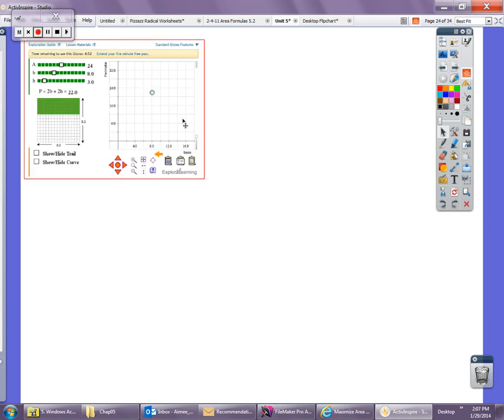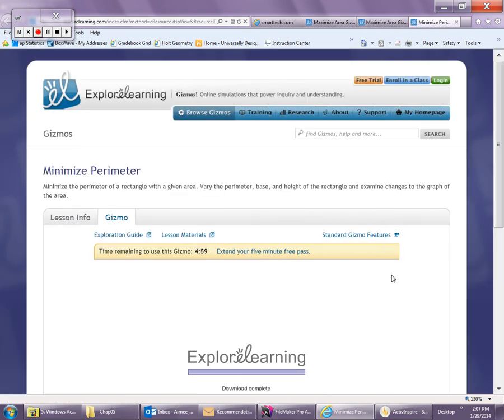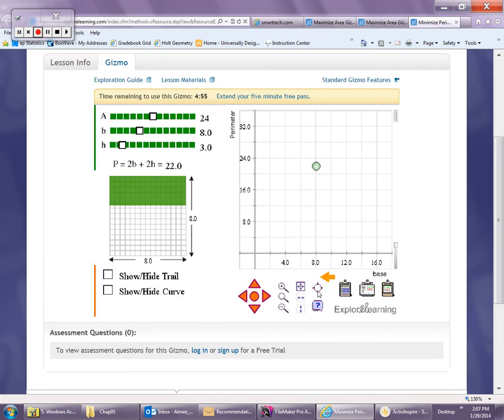Now, what about if I want to minimize perimeter? So I want to get the smallest perimeter, but I want to keep my area constant. So my area is going to stay the same here. We're going to show the curve again. Okay? And I want to minimize my perimeter.